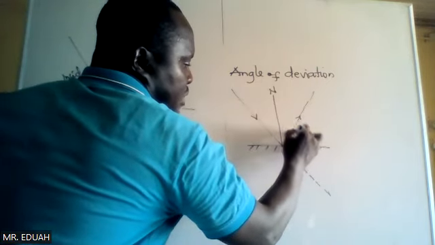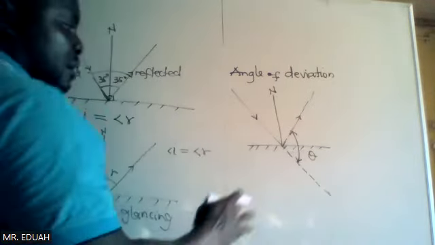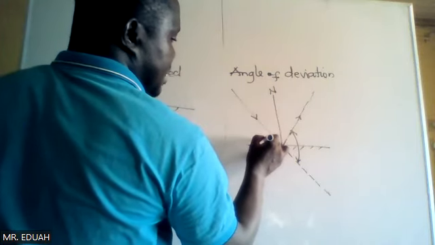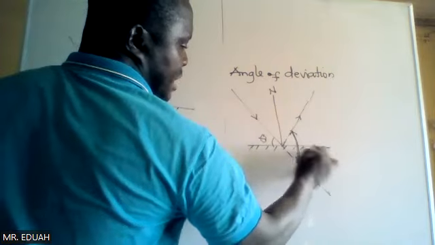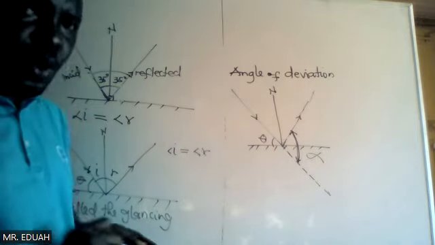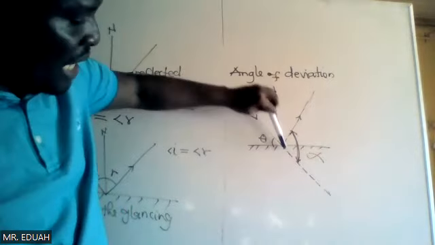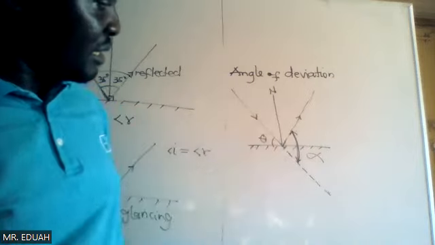This whole angle, let's call it alpha. Theta is the glancing angle, whereas this whole angle, alpha, is the angle of deviation. The ray is supposed to go in this direction, but it is deviated to this direction.